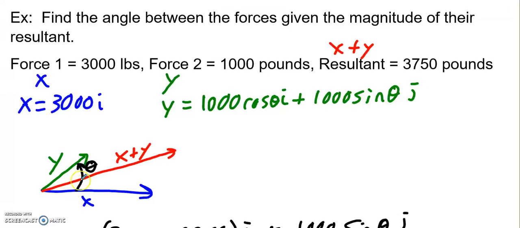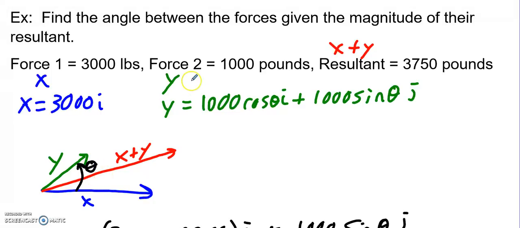So theta here in my picture is the angle between x and y. The resultant, which is the sum of the two forces, is x plus y. I don't know that angle either. Do I know that this is the exact orientation of the vectors?